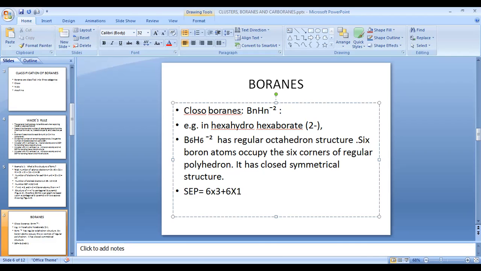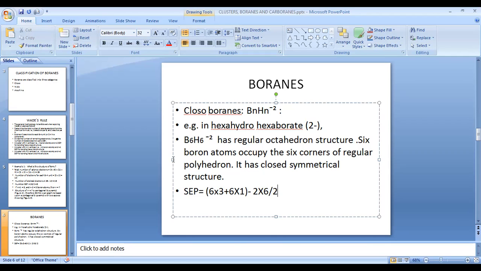Now I will place this whole thing in parenthesis. Next, minus 2 into the number of BH bonds. How many BH bonds can we expect? 6. So that is divided by 2.